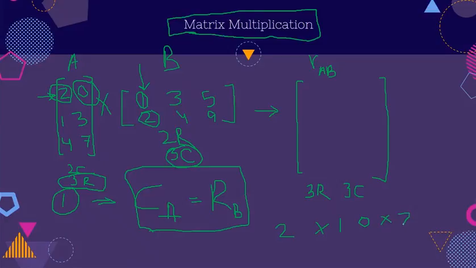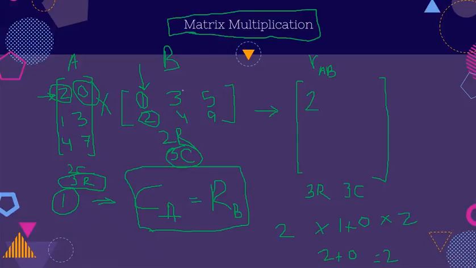We add these, 2 plus 0, so the resulting answer here is 2. So 2 will go here.